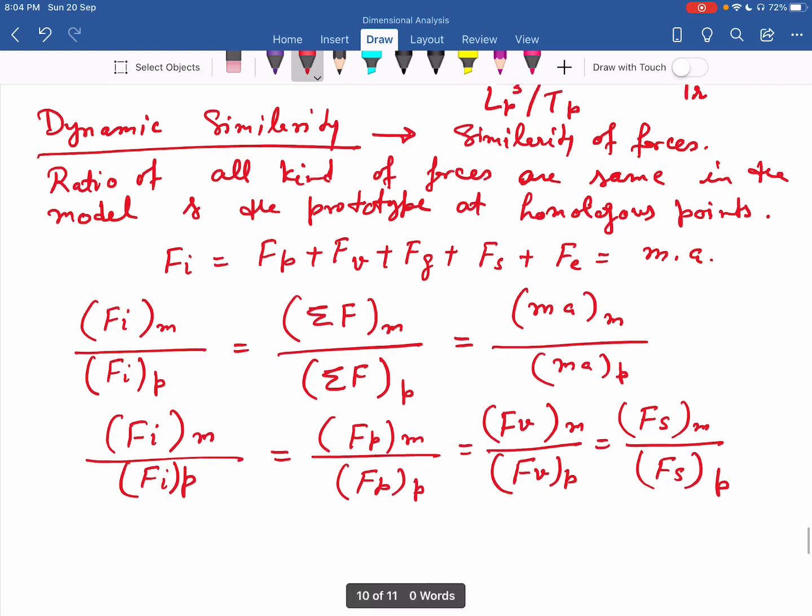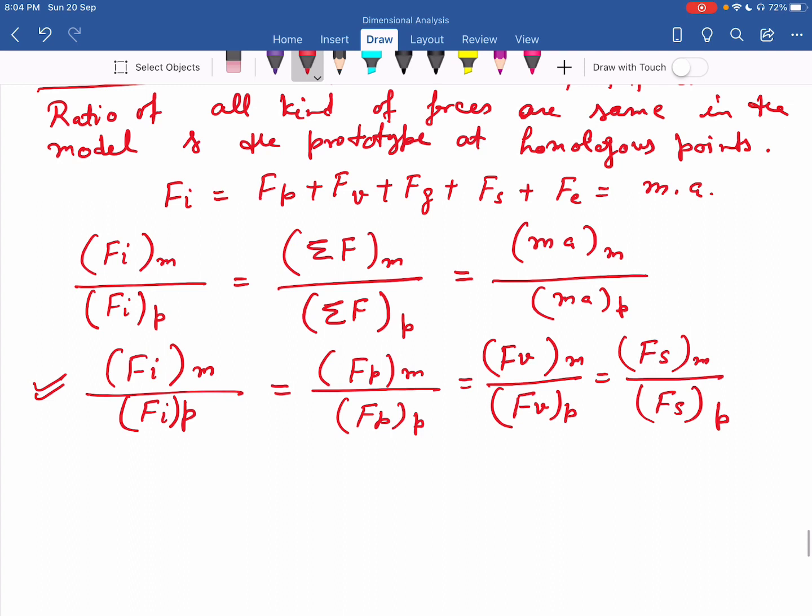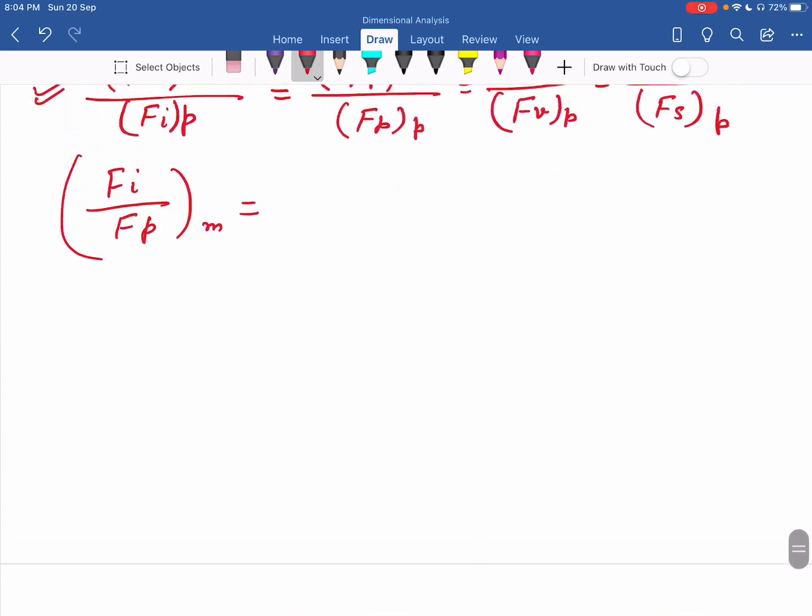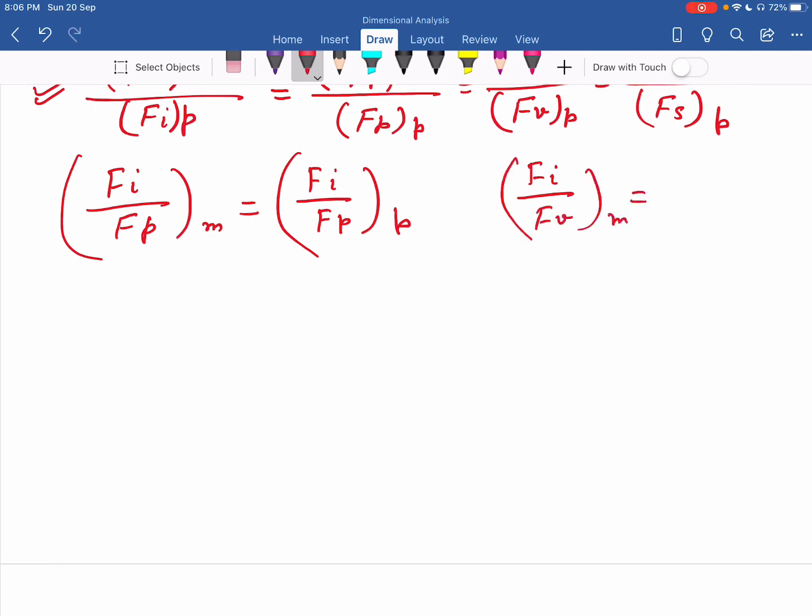Okay. Now further with these equations, you can also write the ratio Fi upon Fp for model should be equal to Fi upon Fp for prototype. Or you can write Fi upon Fv for model is equal to Fi upon Fv for prototype.